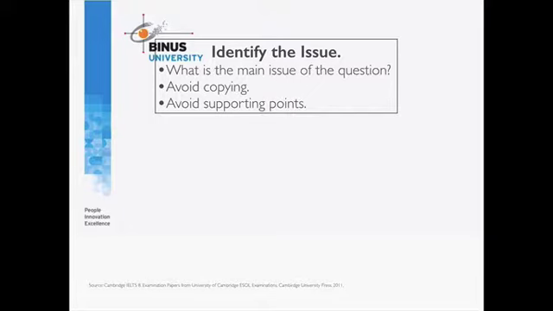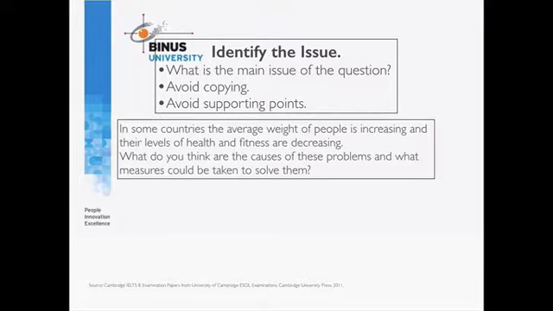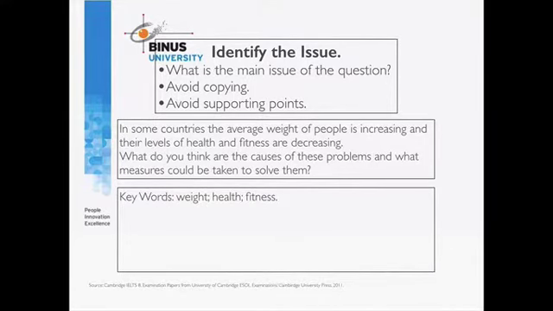Okay, so let's look at an example question. So here is the situation. In some countries, the average weight of people is increasing and their levels of health and fitness are decreasing. What do you think are the main causes of these problems and what measures could be taken to solve them? Okay, so the first thing, as we talked about in the session on brainstorming ideas, is to look at the key words. What are the key words? You can see that we've got words like weight, health, fitness, increasing, and decreasing.